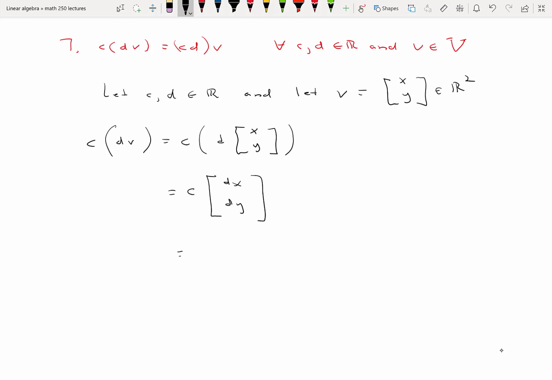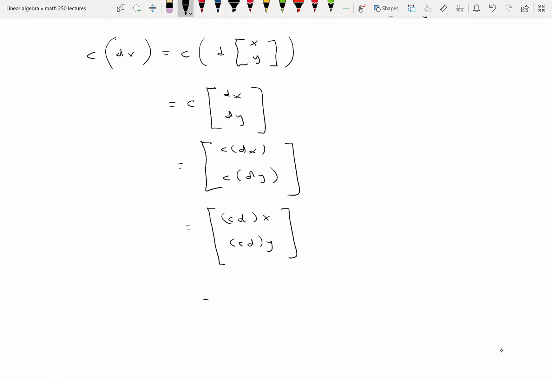And again, our definition of scalar multiplication, this is C times dx, C times dy. Within this column vector are real numbers. We get to assume all the properties of real numbers. In particular, we have the associative property of multiplication. Finally, factor out the CD from this column vector.